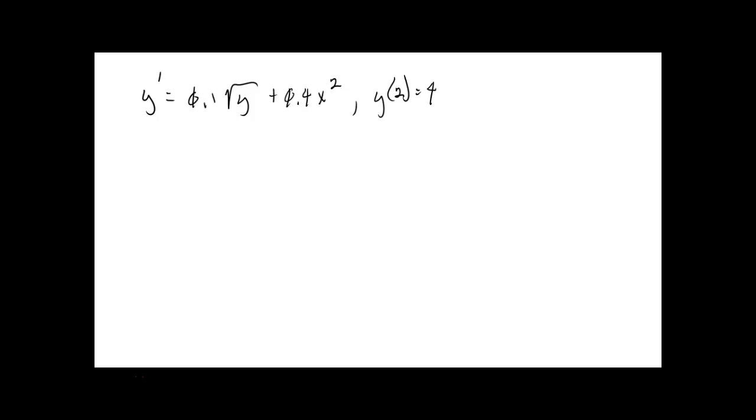Specifically, we wish to know the value at 2.5, y of 2.5, which is not too far from 2, which is good, because that means we don't have a long way to go. So a numerical approximation probably will get us pretty close to what it'll be at 2.5. This method we're going to use won't get us exactly; it would be just happenstance if it did, but it will give it pretty close.